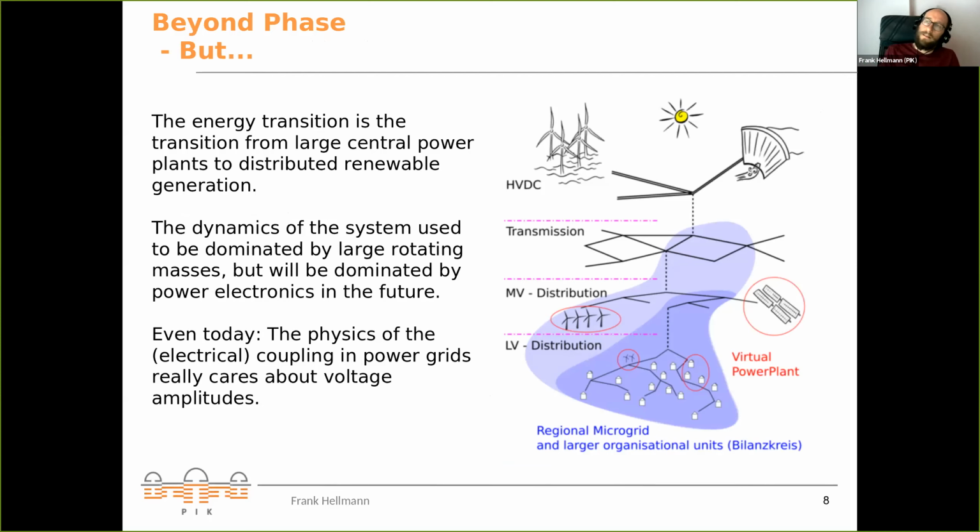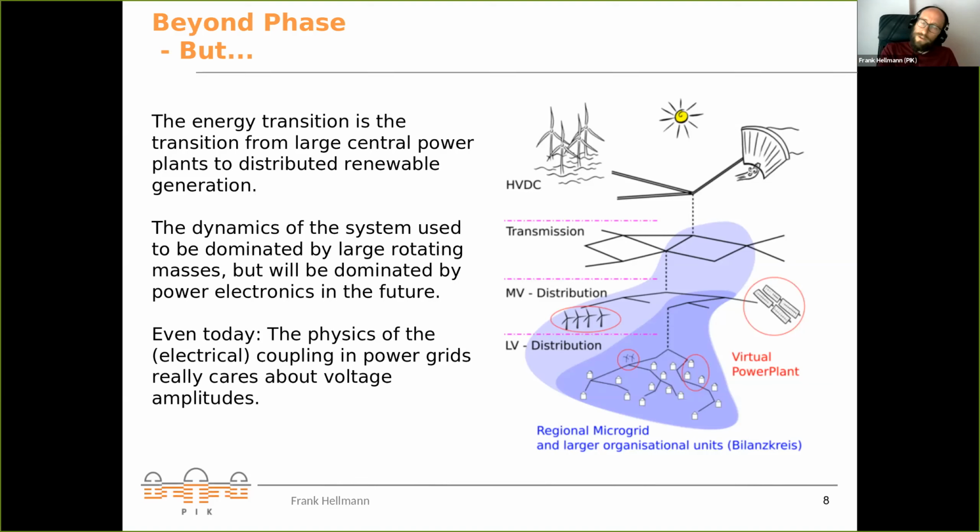Why? For one, even though these phase oscillators are in some sense very generic, we're really looking at a situation in the power grid where we will be facing a much larger heterogeneity of actors in the future than we've had so far. The intuition built on rotors and rotating generators might no longer be applicable in future systems.